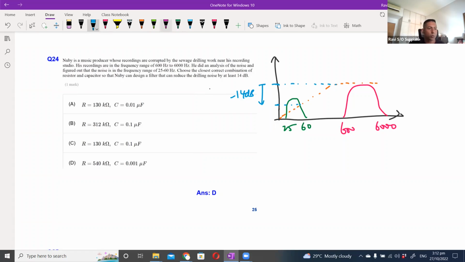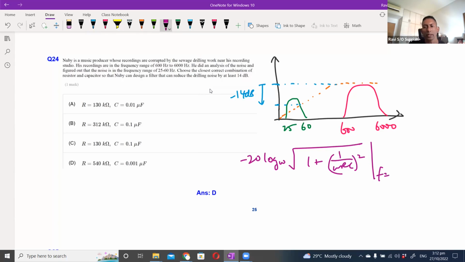So the formula is almost the same. All you need to do is the 1 over RC is written differently. So what you have is 1 plus 1 over omega RC. This is also given in your lecture, in the last tutorial. And the rest is exactly the same. You just solve it.